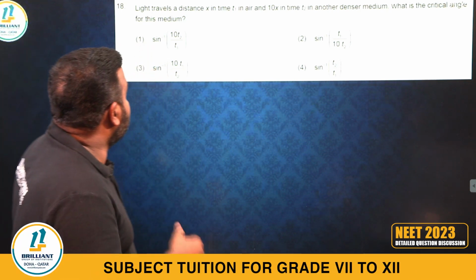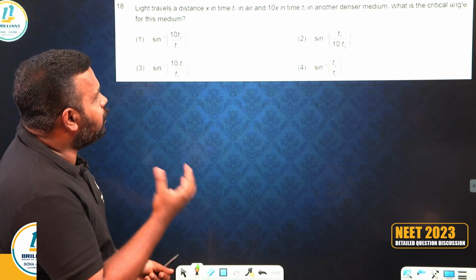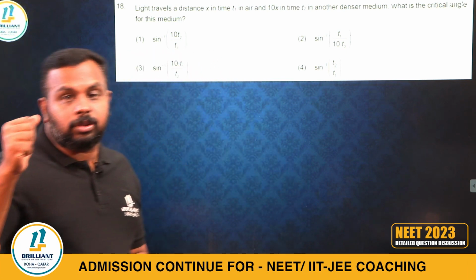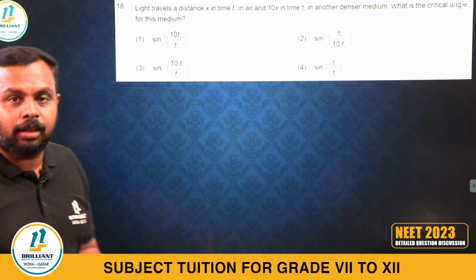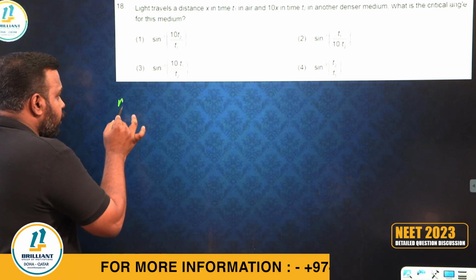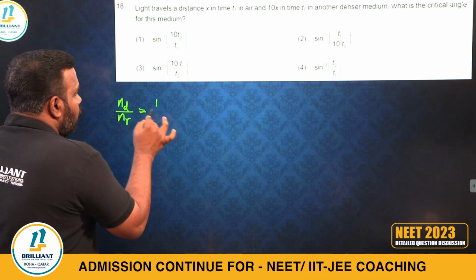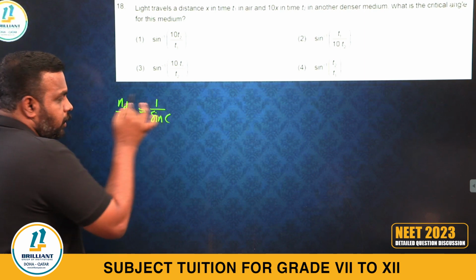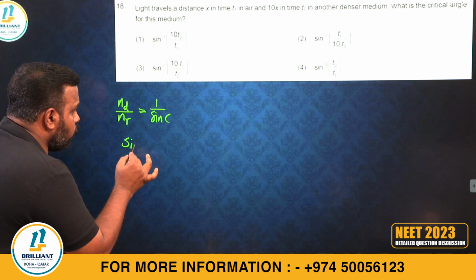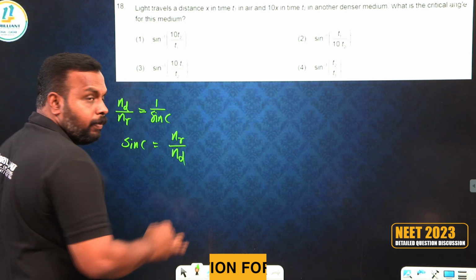Light travels a distance x in time t1 in air and 10x in time t2 in another denser medium. What is the critical angle for this medium? Critical angle formula: you know that ND, the refractive index of the denser medium, by NR is equal to what? 1 by sine C. That means sine C is equal to NR by ND.